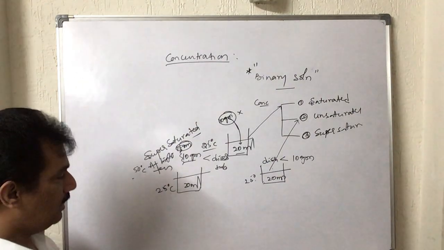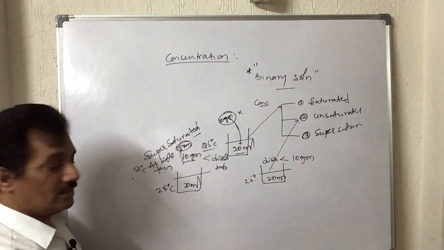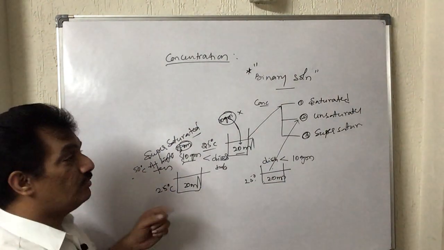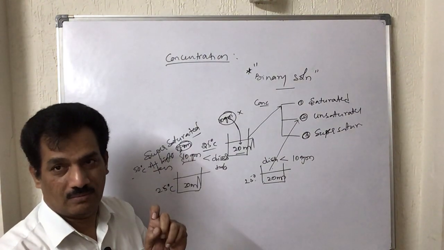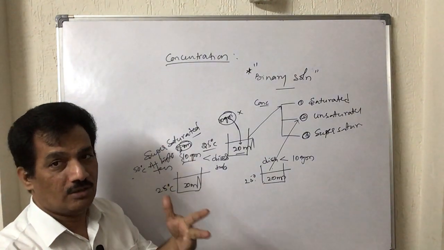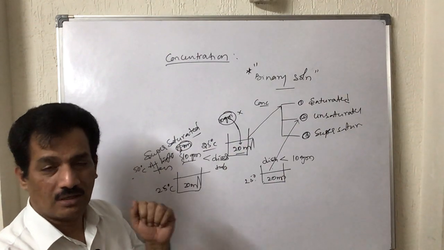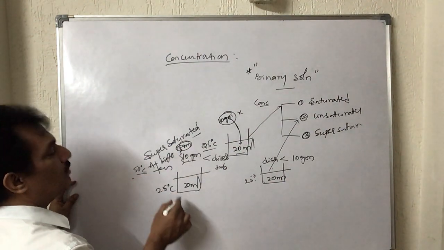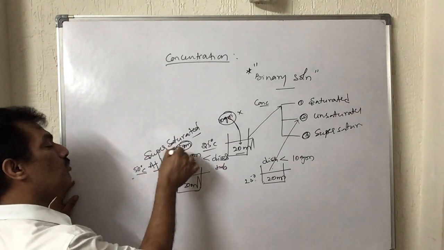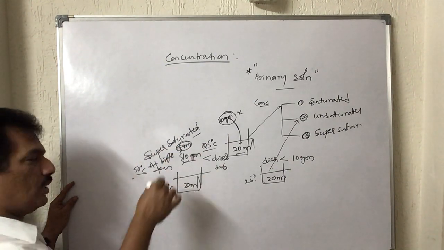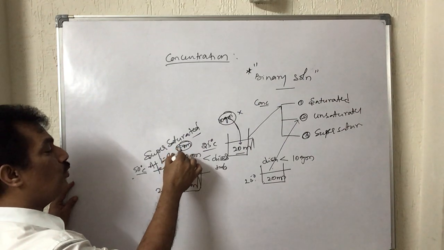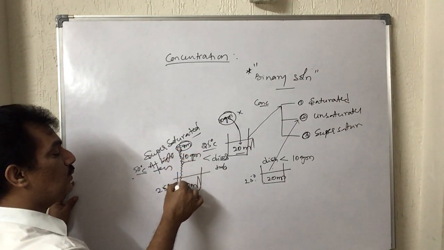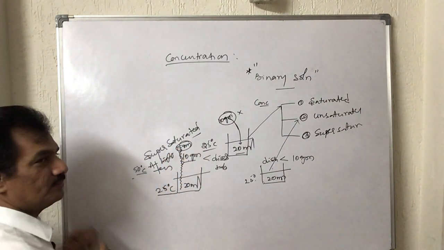Clear? Then you may raise the question: sir, the temperature changed, but the definition is given at a given temperature, so when the temperature changes, the definition is not working out, is it not? Just listen: at 50 degrees, I am heating to make more and more solute dissolve. Now it is dissolved, and I am cooling that solution to normal temperature.